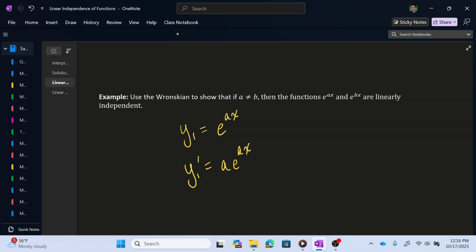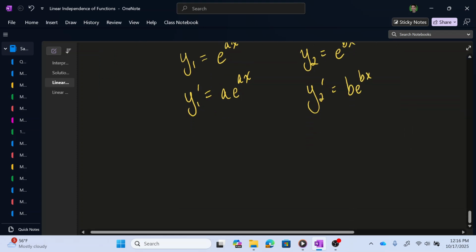So I take my expression e to the ax, and I take its first derivative using chain rule, giving me a e to the ax. And for the second function, e to the bx, its derivative would be b e to the bx, for that same reason, for that same chain rule.